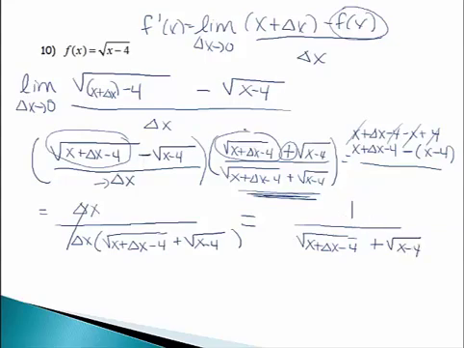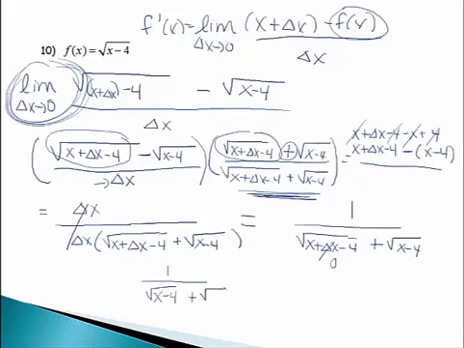Okay, so I'm just done doing the math here. So now I need to go back up. Remember here, originally I was asked to take the limit as delta x approaches 0. So plug a 0 now in for all your delta x. So now I'm going to get 1 over the square root of x minus 4 plus the square root of x minus 4.